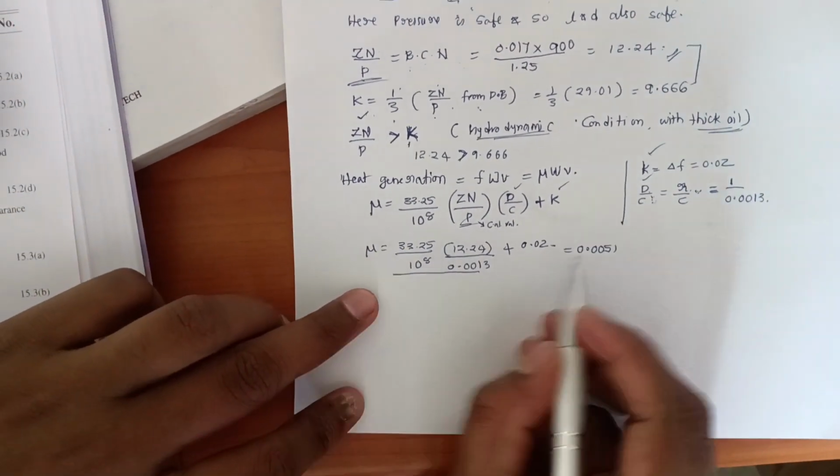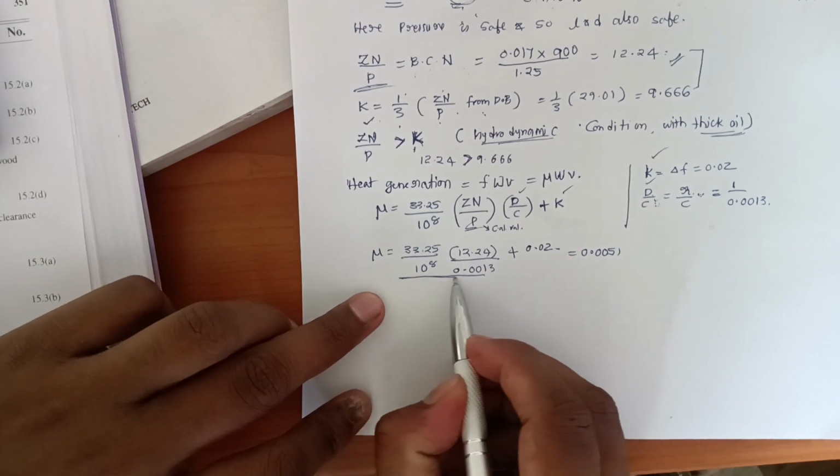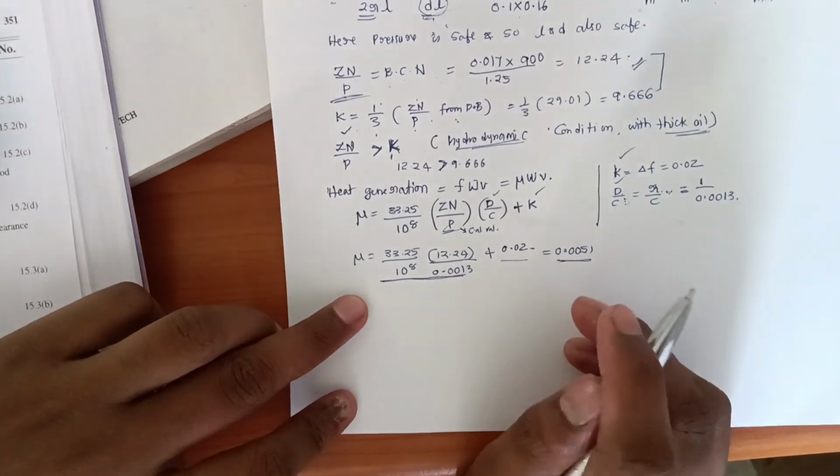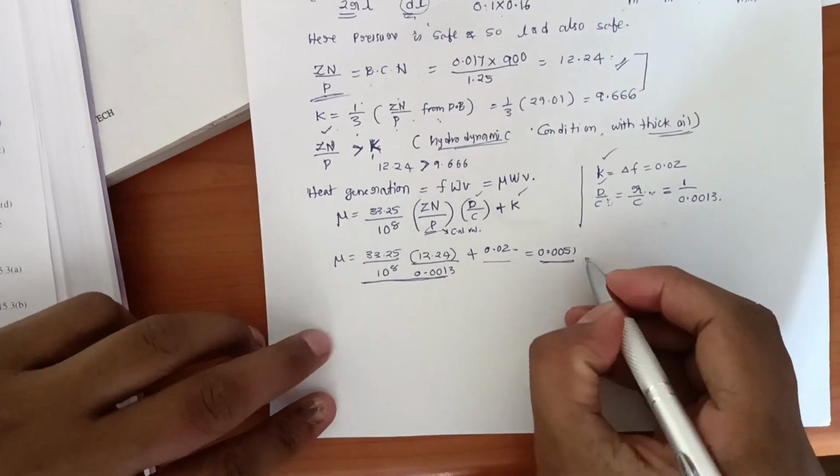So here you have to calculate this value and then add this value. Approximately you will get 0.0051. Okay, this is the mu value.